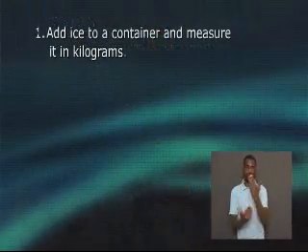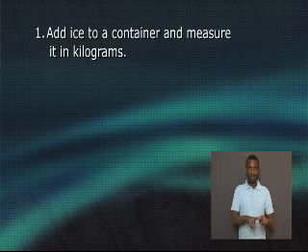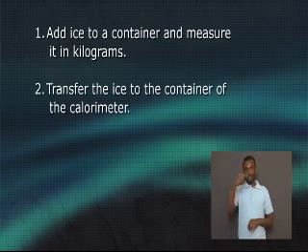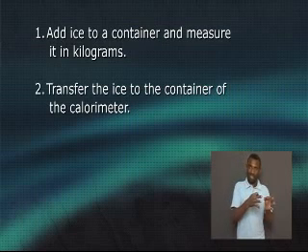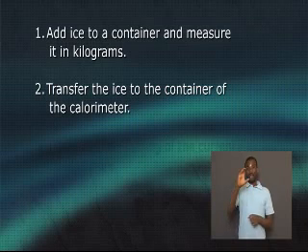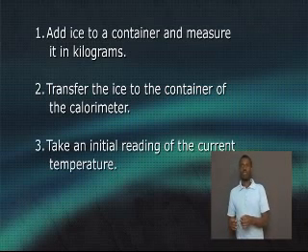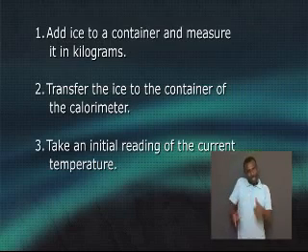To start, we add ice to a container and measure it in kilograms. Then, we transfer that ice to the container of the calorimeter. Next, we take an initial reading of the current temperature.